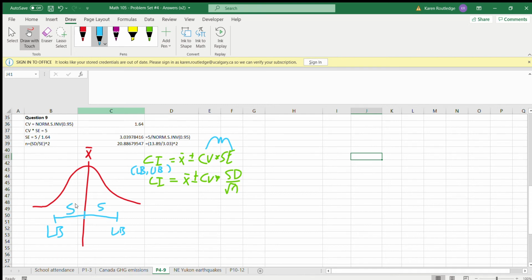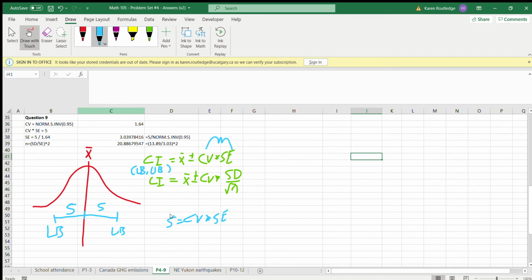So it could be plus 5, it could be minus 5. We just need to be within 5 total. So going from the mean out 5 units to our upper bound, the critical value times the standard error has to equal 5. So 5 is going to equal the critical value times the standard error.